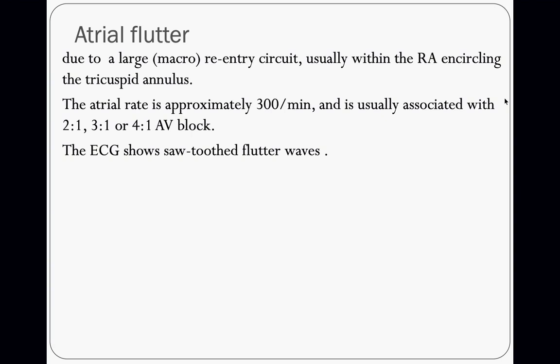This is the 2 to 1 block, 3 to 1 block, 4 to 1 AV block. That is a block of some atrial beats at the level of the AV node in order for the ventricle to compensate for the high atrial rate. Next, please.